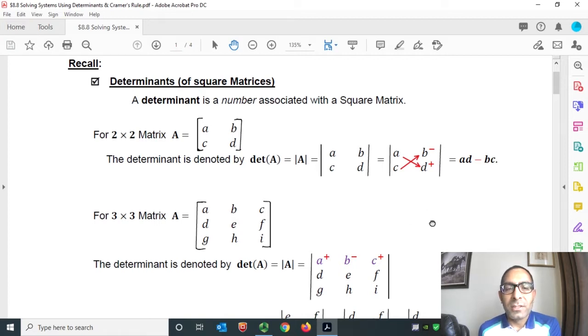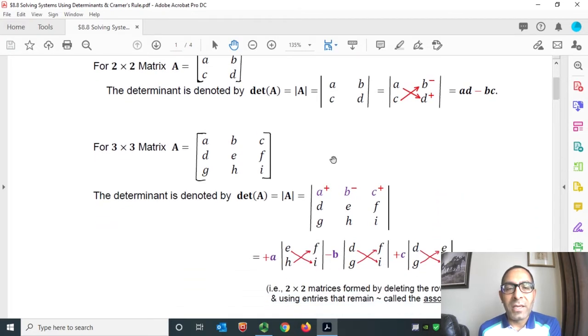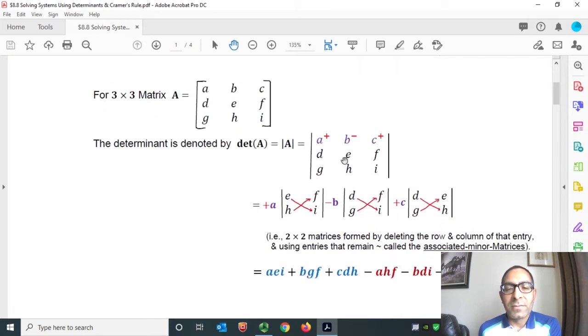Similarly, the determinant of a 3 by 3 matrix A, whose entries are a, b, c, d, e, f, g, h, i, so 3 rows and 3 columns, is denoted by det A, the determinant of this given matrix.